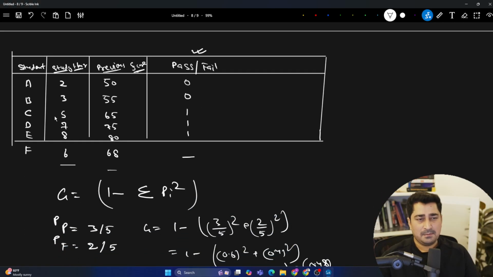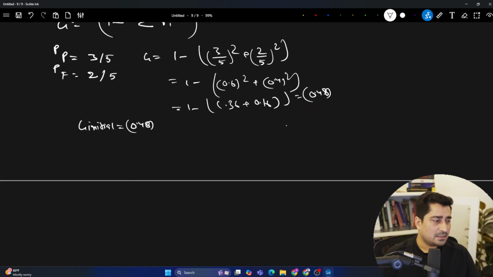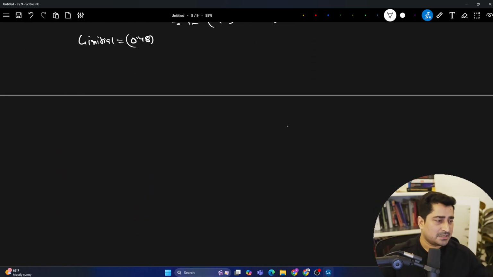So maybe I can try to split the data based on this: people who are studying less than 4 hours come over here, and people who are studying more than 4 hours come over here. As of now, I'm just taking the intuition, because this is a trainable thing. The system will find it out, but here I am trying to do the manual calculation. So I have just considered a split at study hour.